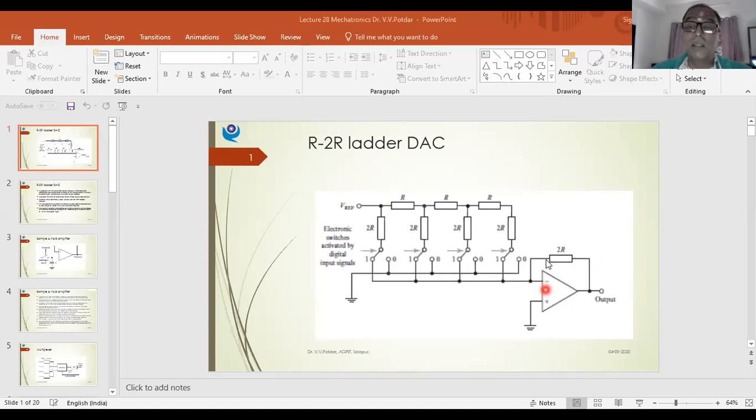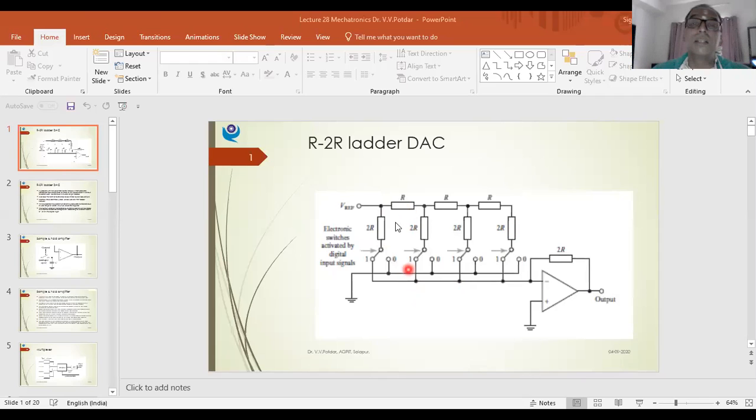So this part is my op-amp, and at the inverting terminal, I have 4 stages: stage 1, stage 2, stage 3, stage 4. At each stage I have resistance 2R, 2R, 2R, 2R, and you have R, R, R at the 3 stages.